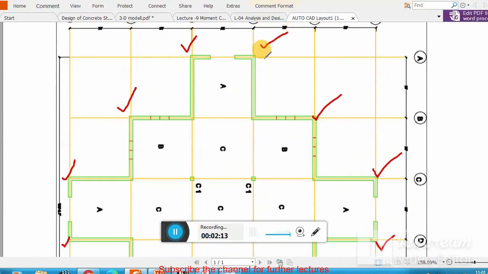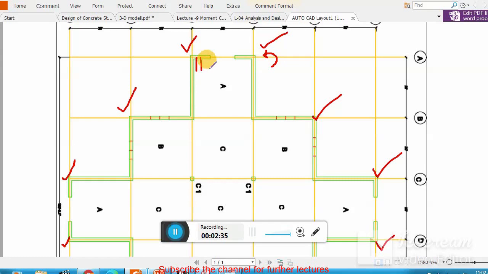Here the slab tends to rotate in this direction from the walls. So that is a torsional effect. To offset that effect, we provide torsional reinforcement at the corners. Remember that torsional reinforcement may be provided in two patterns.